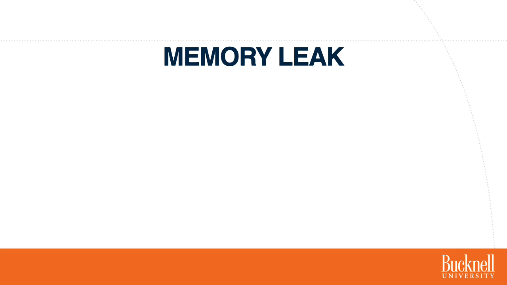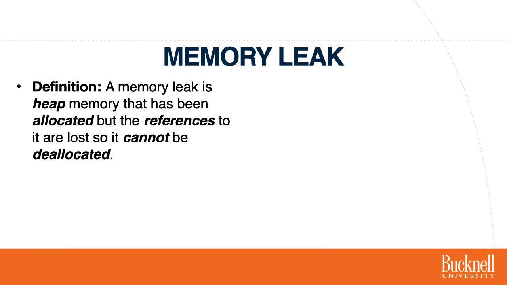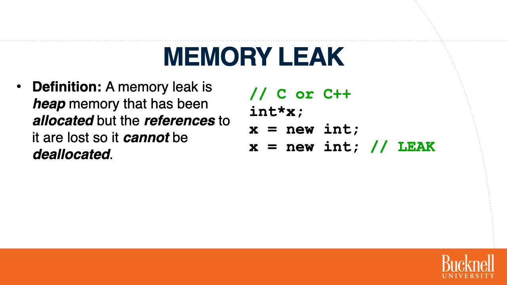Another type of memory hazard is the memory leak. A memory leak is heap memory that has been allocated, but the references to it are lost, so it cannot be deallocated. For example, if we create a pointer x and allocate space on the heap for it, and then allocate a new space on the heap for it, what happened to the old space?